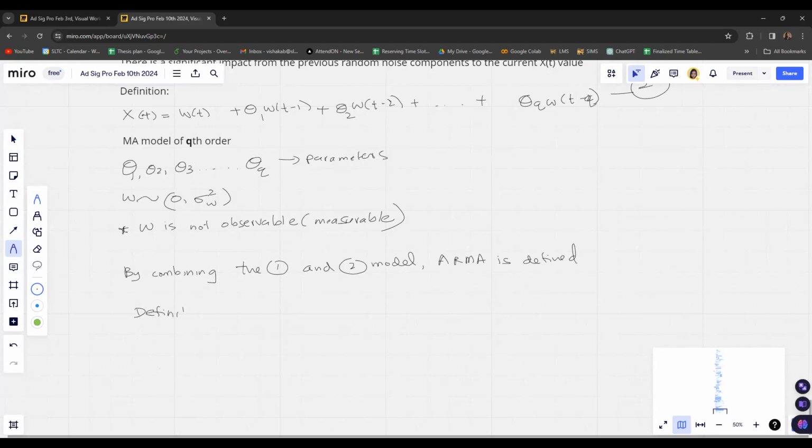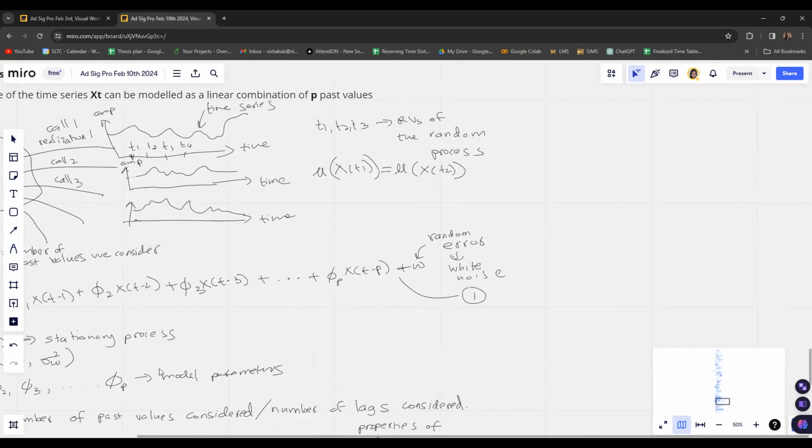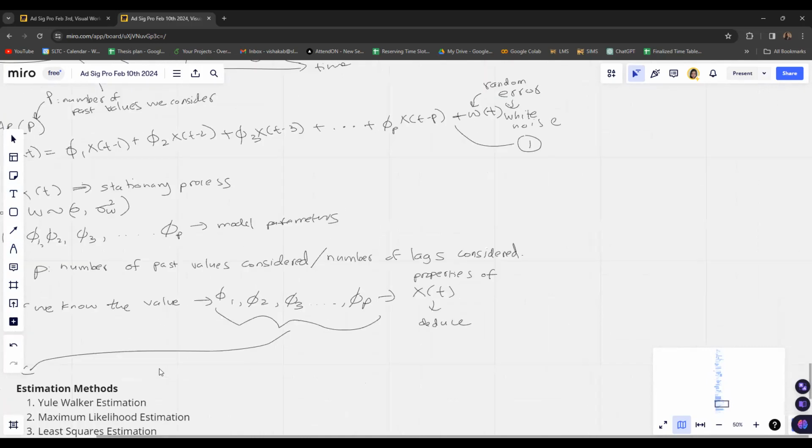So the definition is that the value of xt is determined based on the wt value, wt in here. The w at time t, w means the random noise.